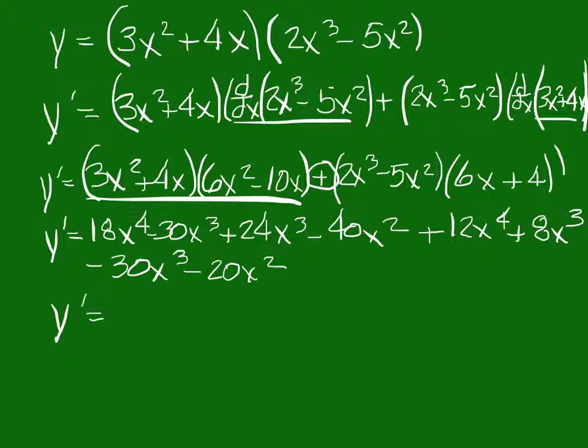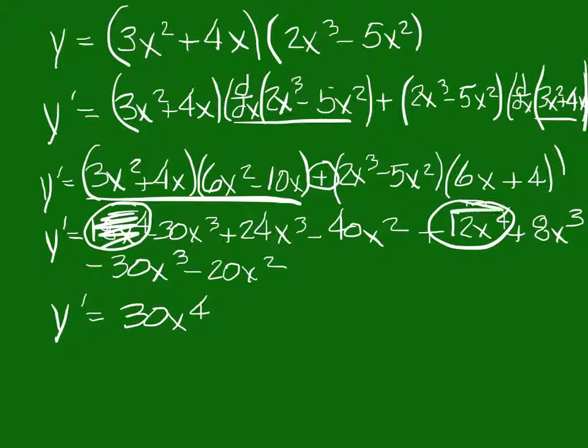So now we have to go back and simplify like terms. The highest power in here is a fourth, so let's go ahead and knock those out first. 18x to the fourth and 12x to the fourth is going to be 30x to the fourth. So those are now gone. Now we have the thirds to take care of. This is a minus 30, and plus 24 is going to be a negative 6.